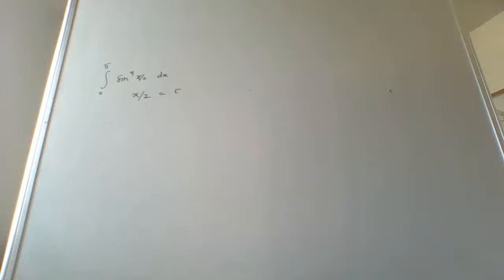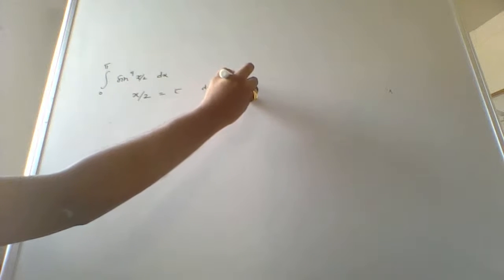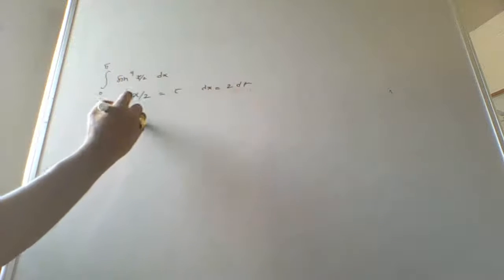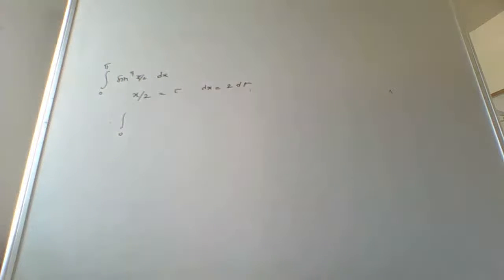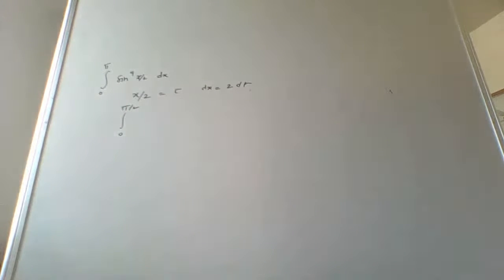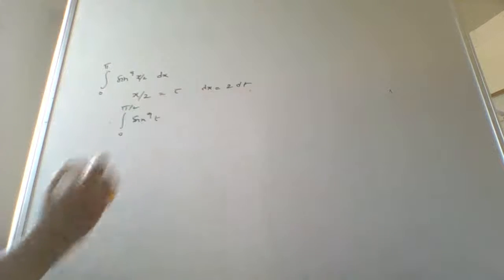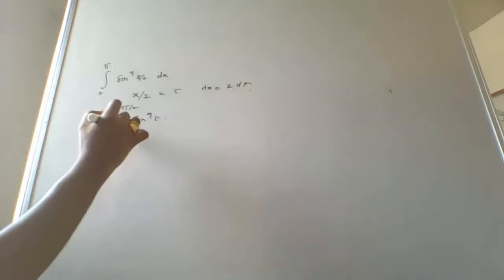So dx will be 2 times dt, as well as the interval changes. So the interval will be 0 to pi by 2, and this is sine power 9 t, and dt is 2 times dt.